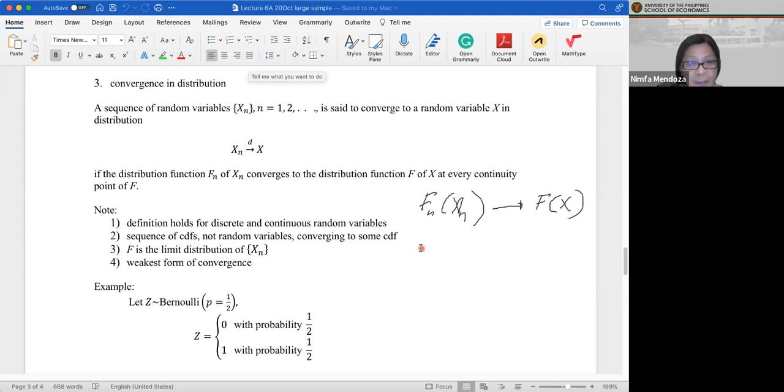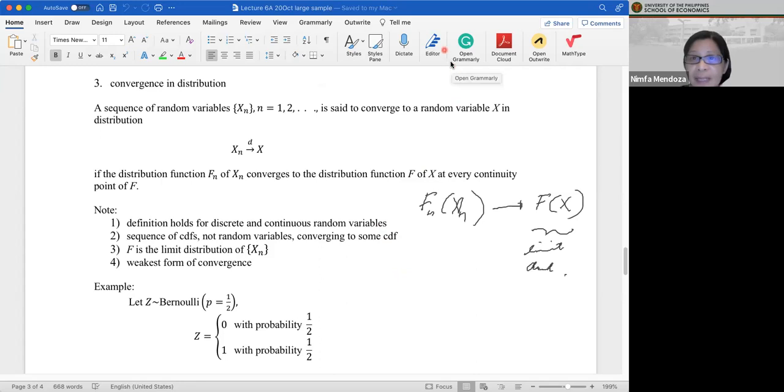We say F is the limit distribution of X sub n. And convergence in distribution is the weakest form of convergence. And we will see later why we say it's the weakest form of convergence.